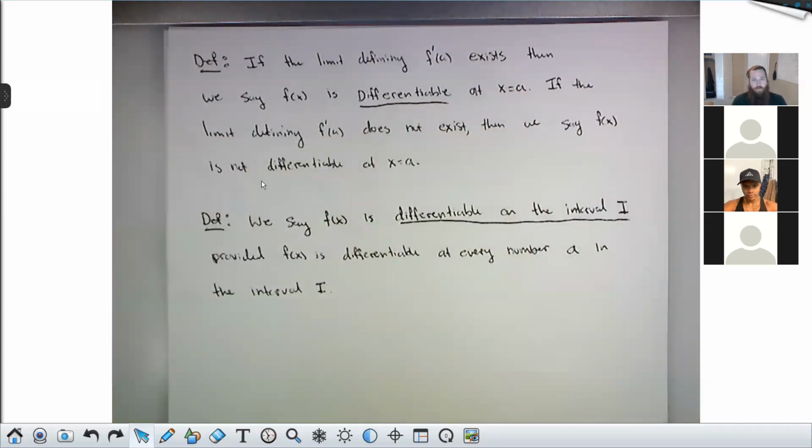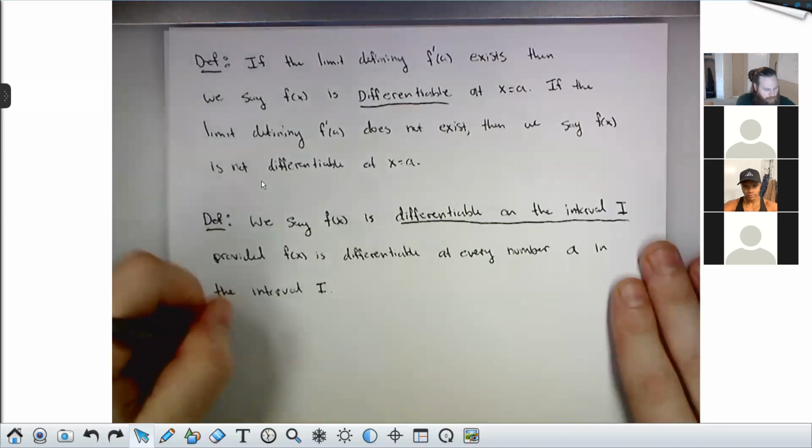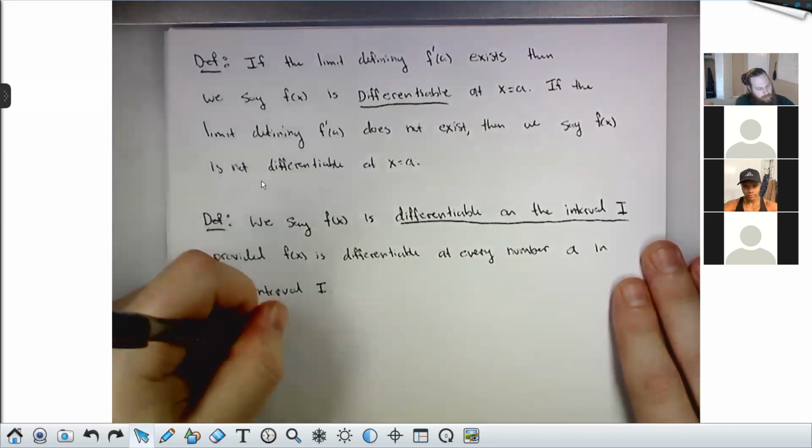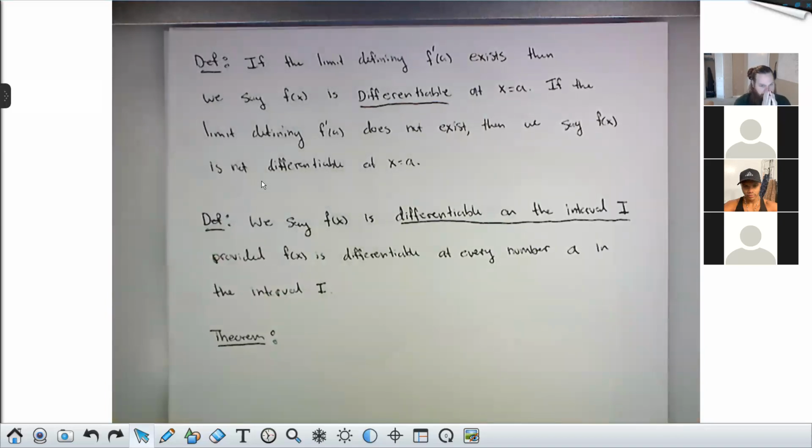So it's very similar to continuity, right? These definitions should look very similar to the associated definitions for continuity, where we said a function f of x is continuous at x equals a if some limit statement is true. And then we say f of x is continuous on the interval I if that limit statement is true for every number a within the interval I. The similarity between these two things is hinting at a theorem connecting differentiability with continuity.